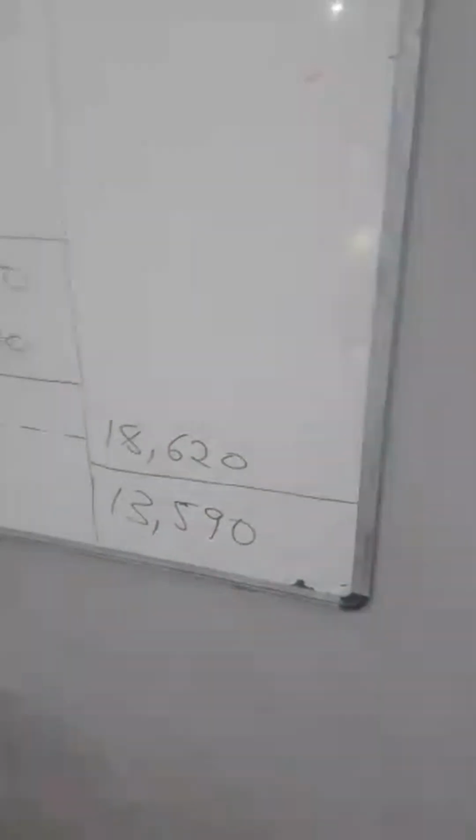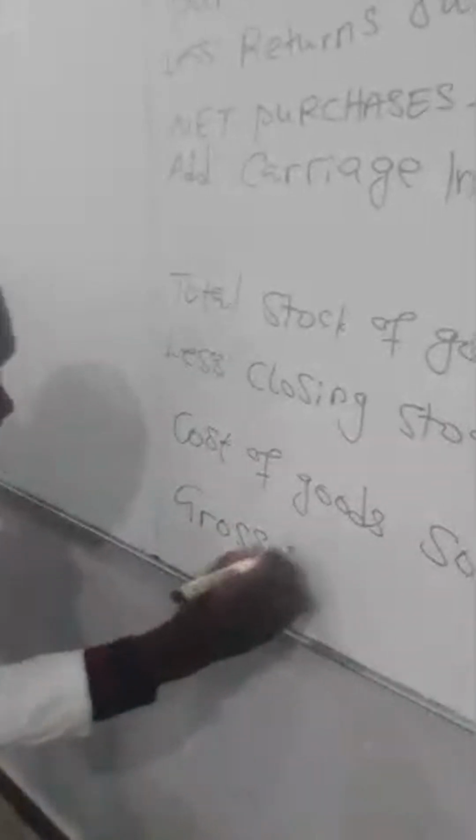So we're going to have 13,590. Now, what do you call this figure? We call this figure the gross profit. This is just the profit that has been generated without including the expenses, like the transport, the advertising, and the rent if you are renting the shop. So this figure is just the gross profit.